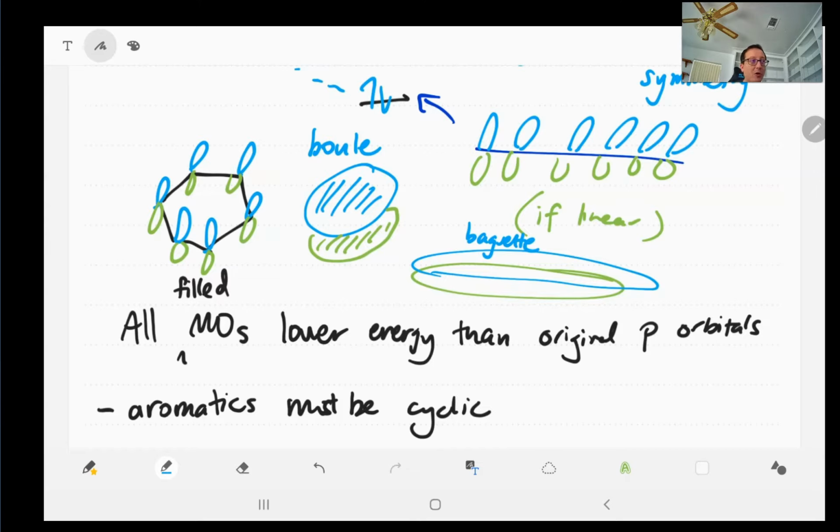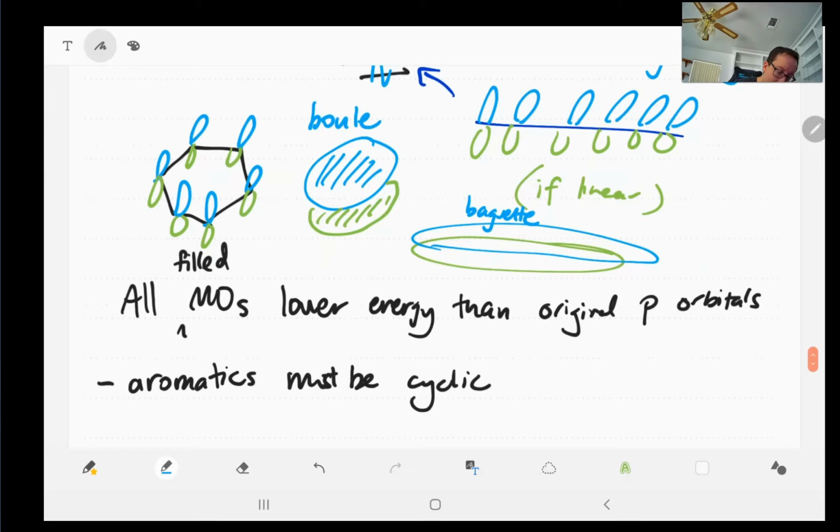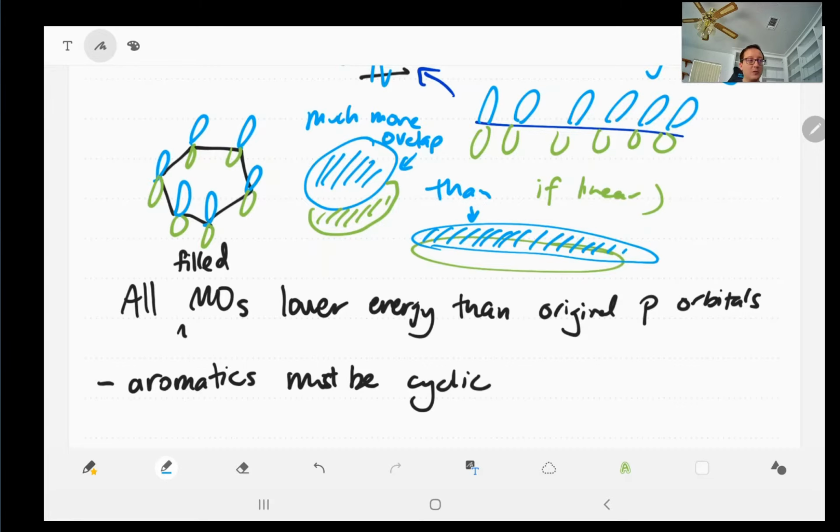So we're going to see there's a lot better overlap in the more condensed one. Let's just say this has much more overlap than our regular hexatriene that had everything spread out over the entire molecule.